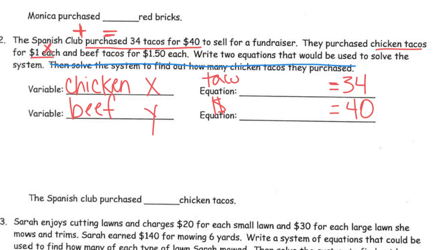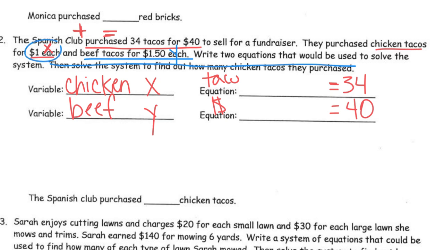So $1 for each chicken taco, so 1X. And what about the beef tacos? Beef tacos were $1.50. So what are we going to put with the $1.50? The Y. Now, those are monies. So do we want to put the $1 and the $1.50 with the 34 or with the 40? The 40, very nice.